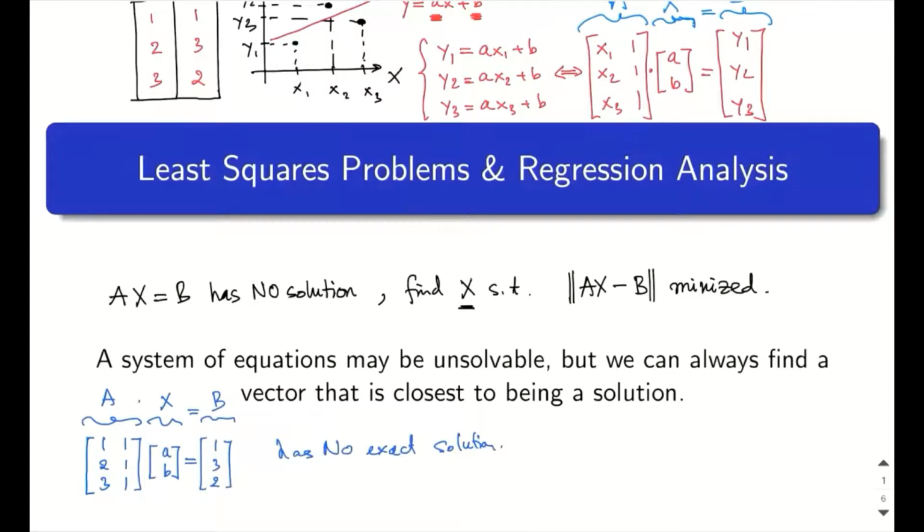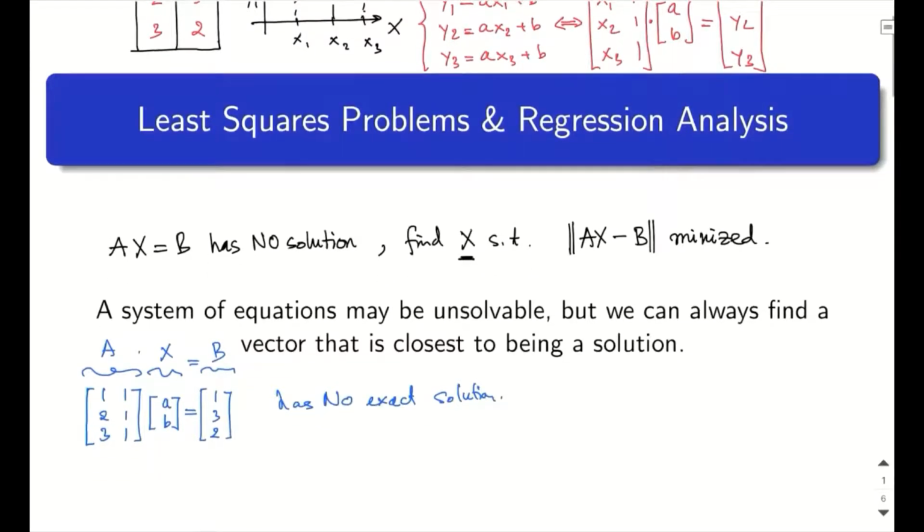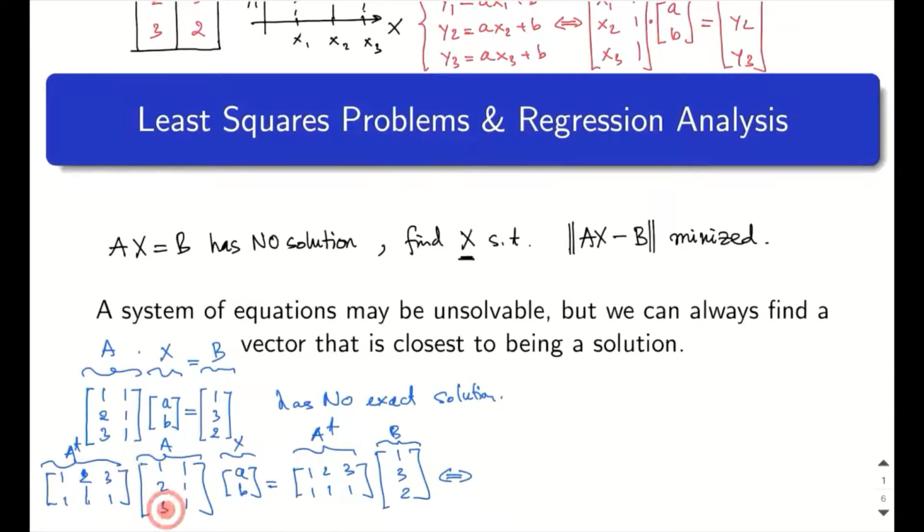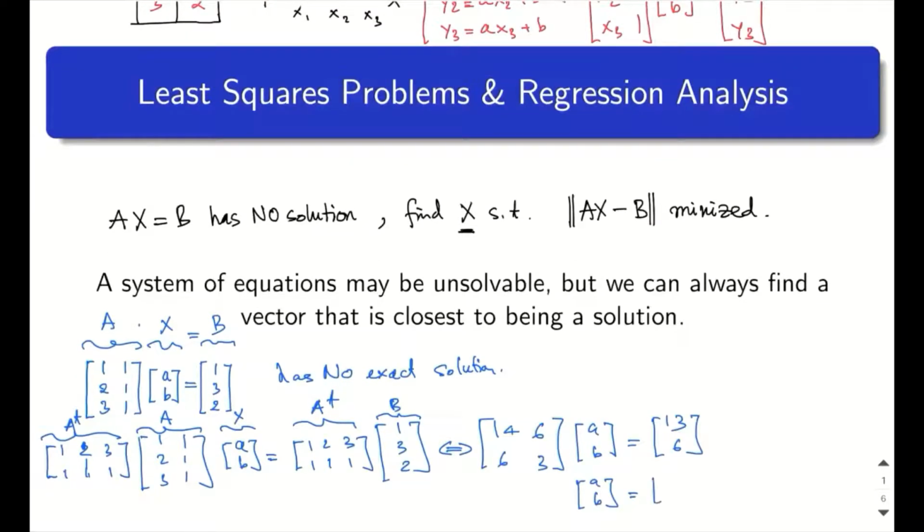However, if you multiply with the transpose of A, when you perform the multiplications here, you have 14 and 6, and 6 and 3. Then you multiply with the x vector, and that equals, multiplying this and this, 13 and 6. And so you just find the inverse.